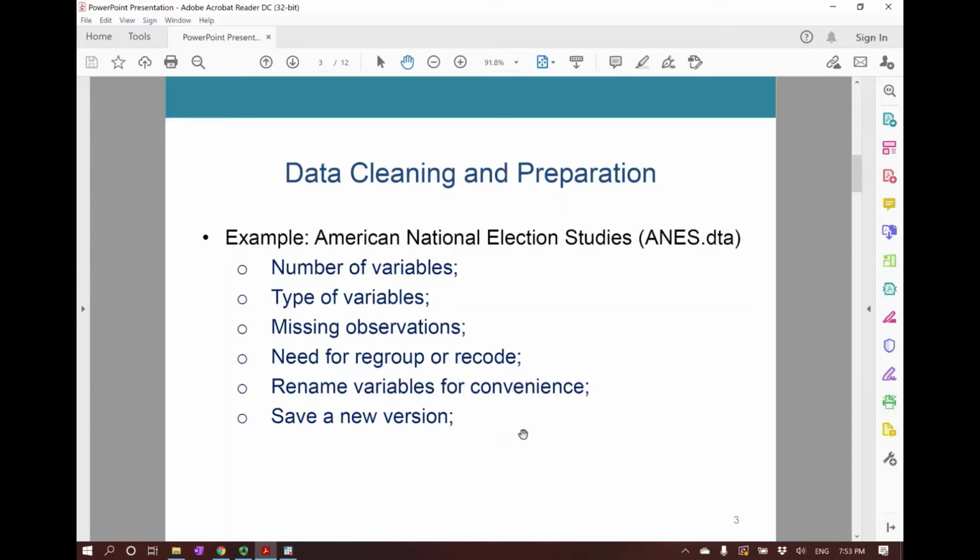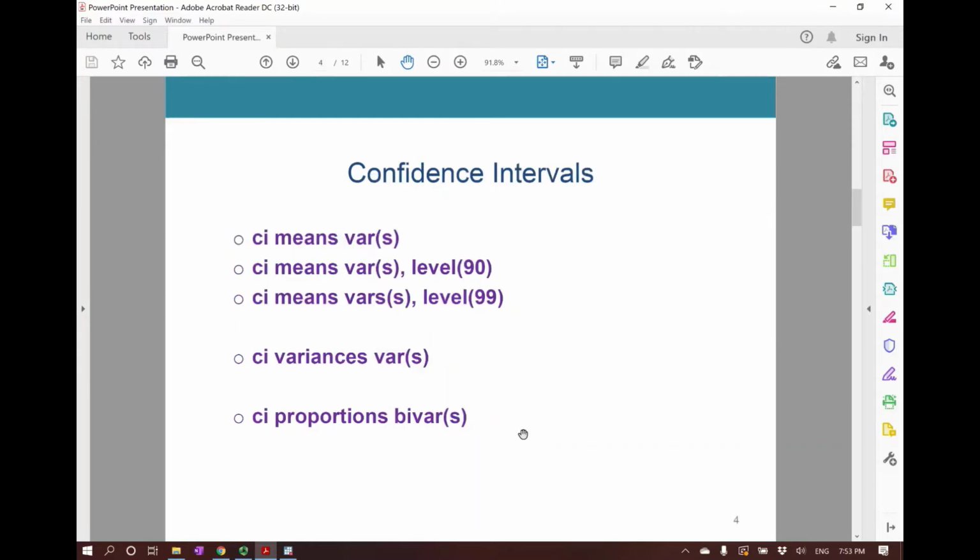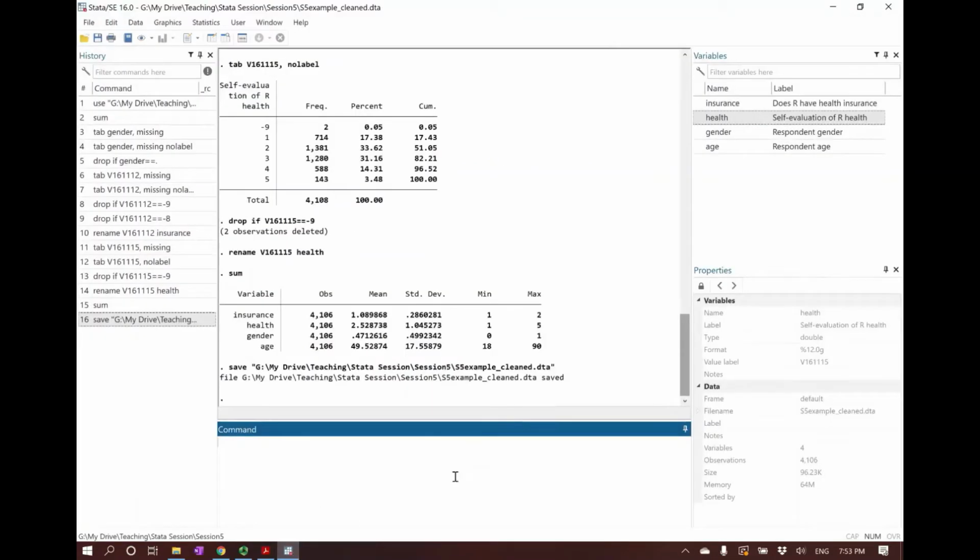Okay, next I'm going to talk about the Stata command for constructing a confidence interval. The command is actually very simple, but if you recall the concept of confidence interval from class, we're going to construct a confidence interval for age.